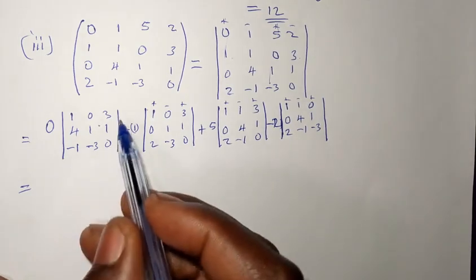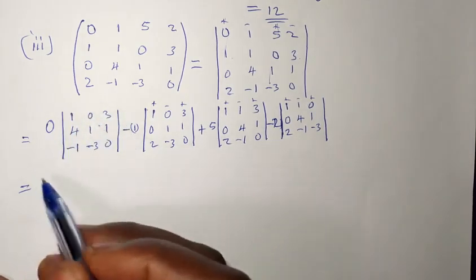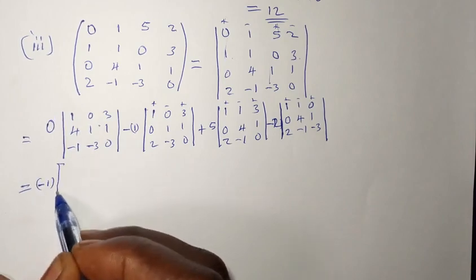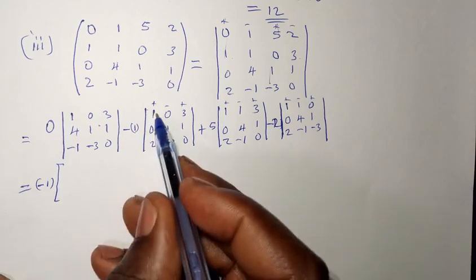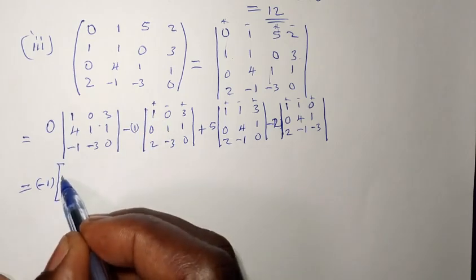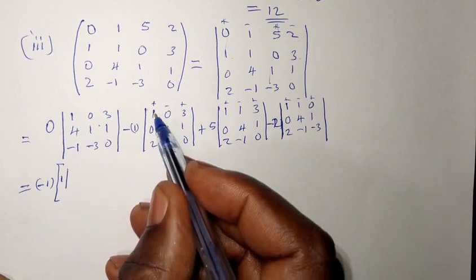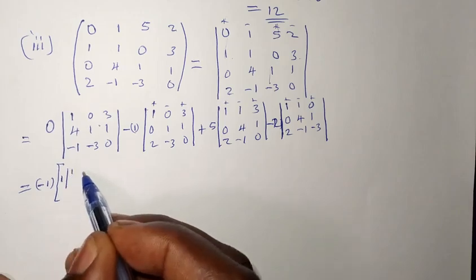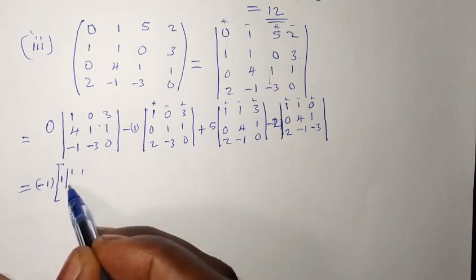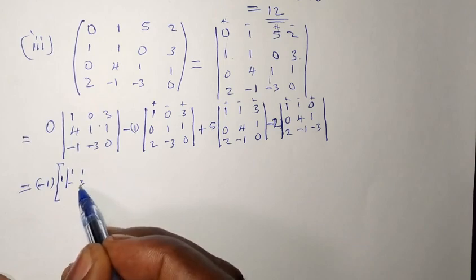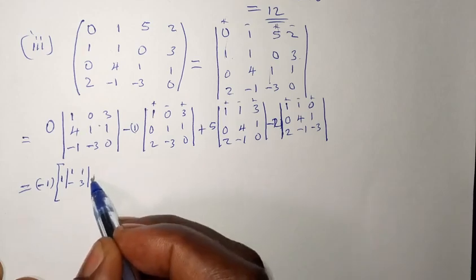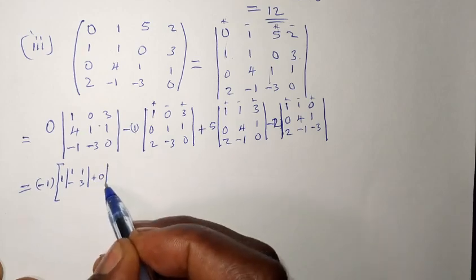So now I don't want us to waste time on this. This is 0 already, so we'll have minus 1. I will have to open this bracket, then I'm taking plus 1, open bracket. If I take this, I will kick out this and this. We have 1, 1, so this is 1, 1, then this is minus 3. Okay, then this is 0 plus 0, and then I open this.